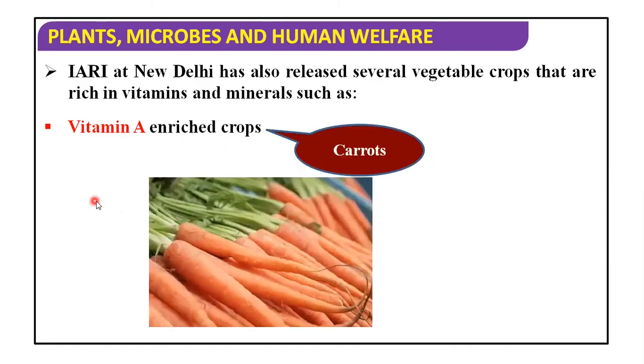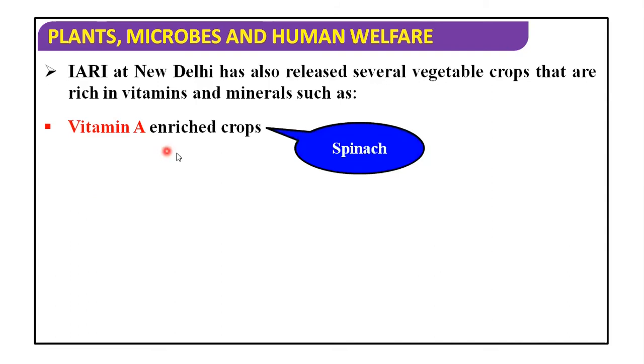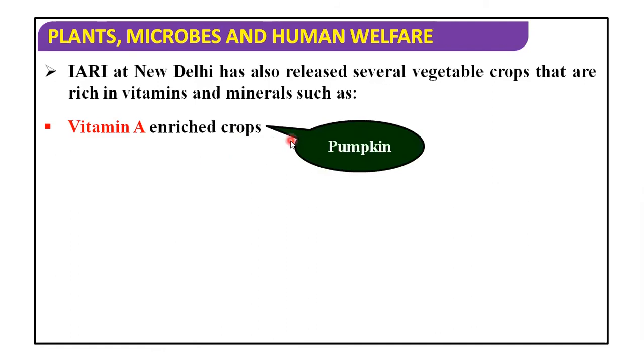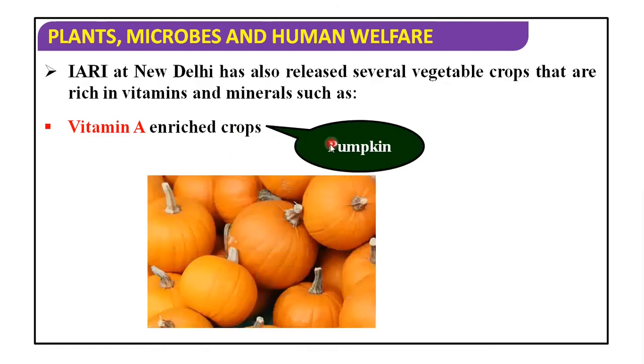Then the second vitamin A enriched crop is which again? Spinach. Then vitamin A enriched crops include pumpkin also.